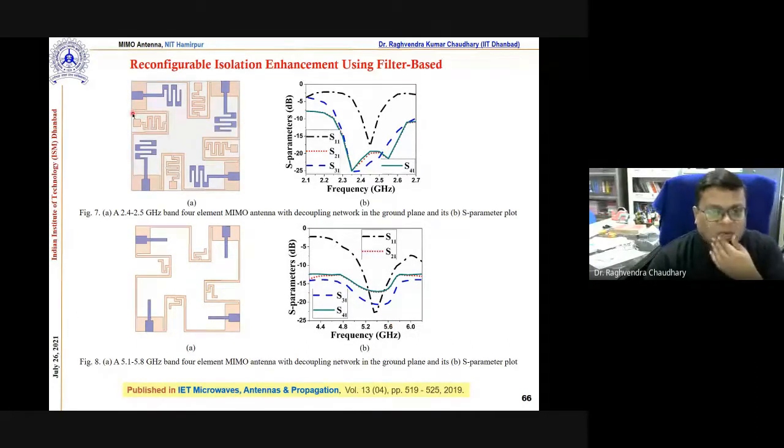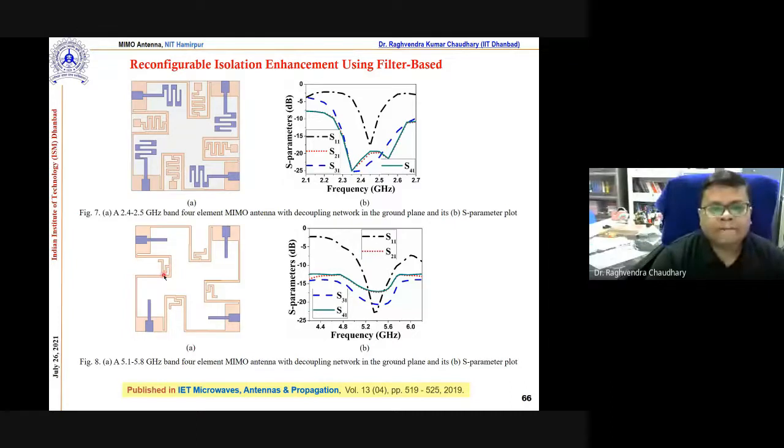I put this decoupling network between these two elements. You see here the decoupling networks, and as soon as I introduce them, isolation is less than -20 dB, which is acceptable, correct?